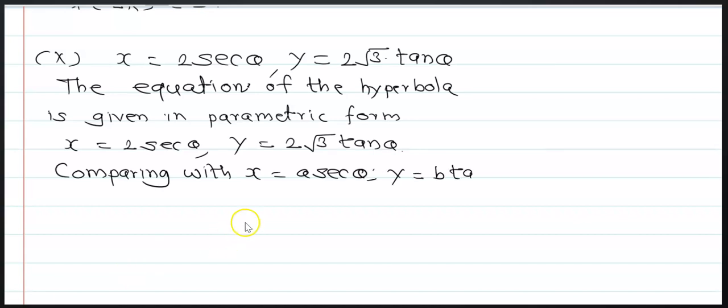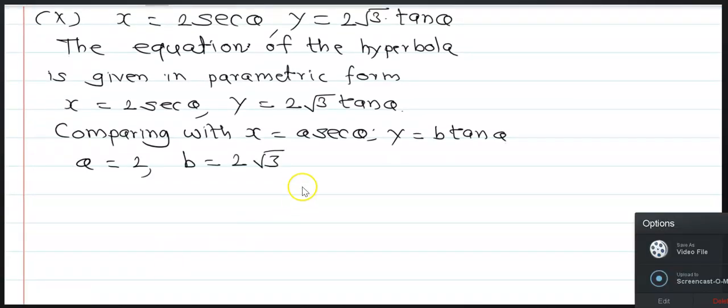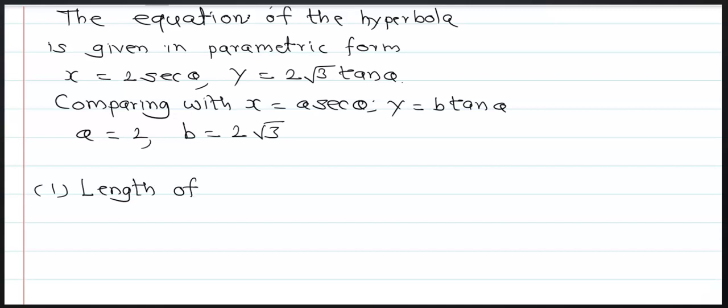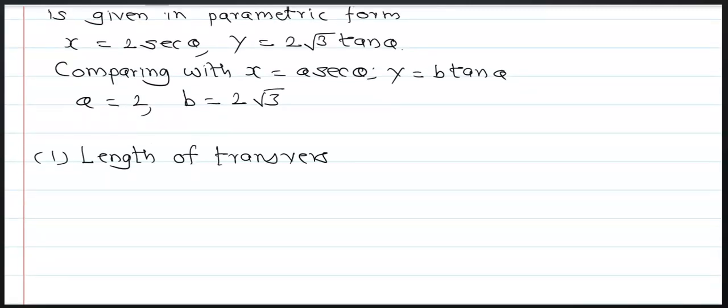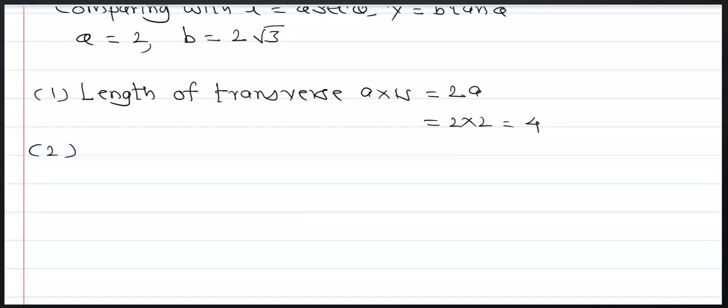Comparing with x is equal to a sec theta and y is equal to b tan theta, a is equal to 2, b is equal to 2 root 3. Length of transverse axis, that is 2a, 2 into 2, that is equal to 4.